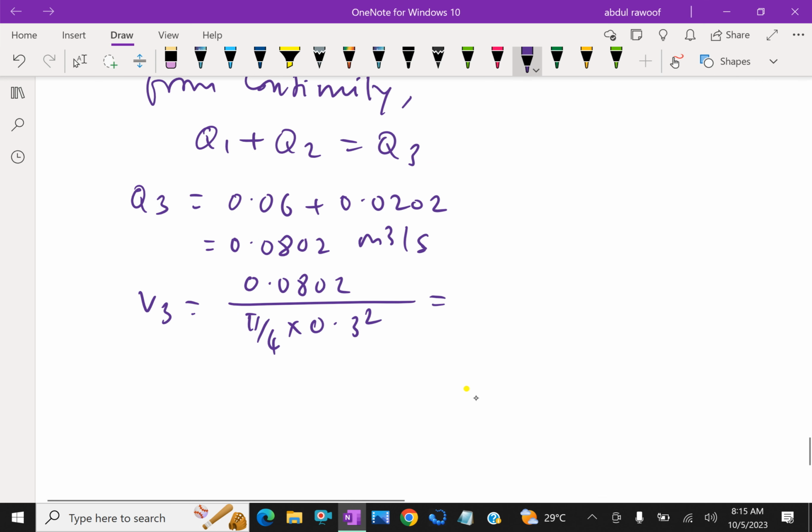By calculating, this gives 1.134 meter per second. We found the velocity.